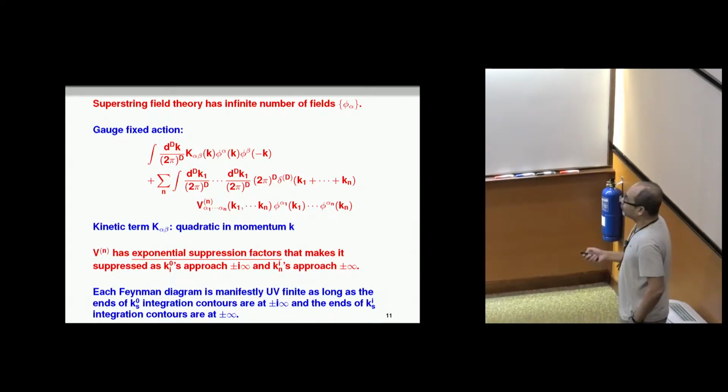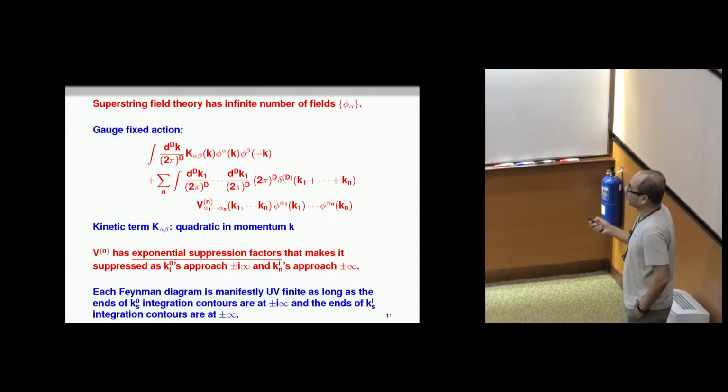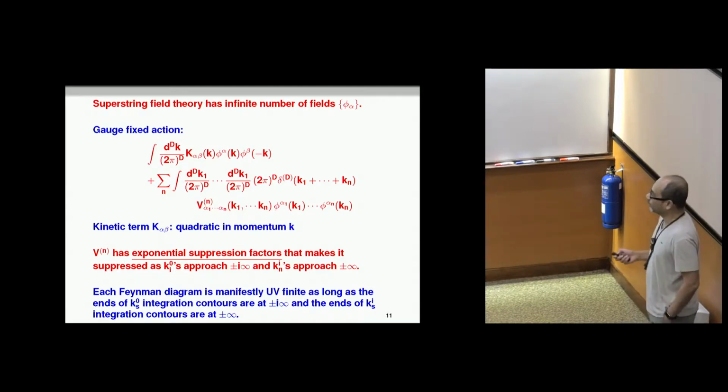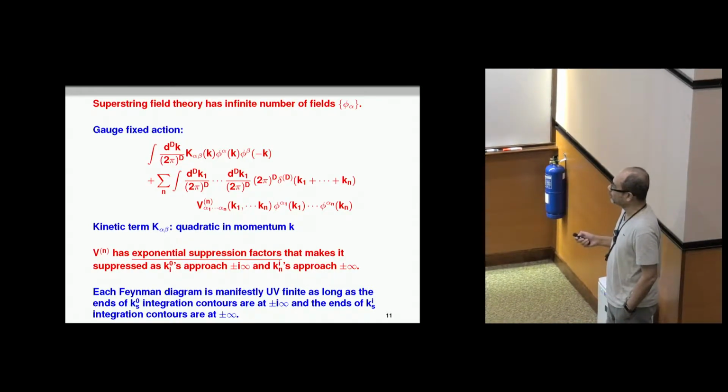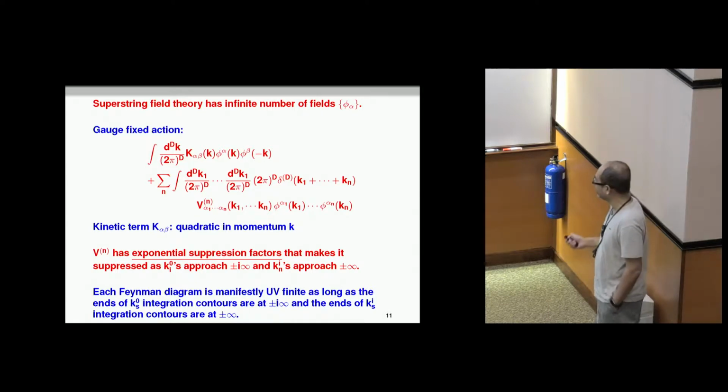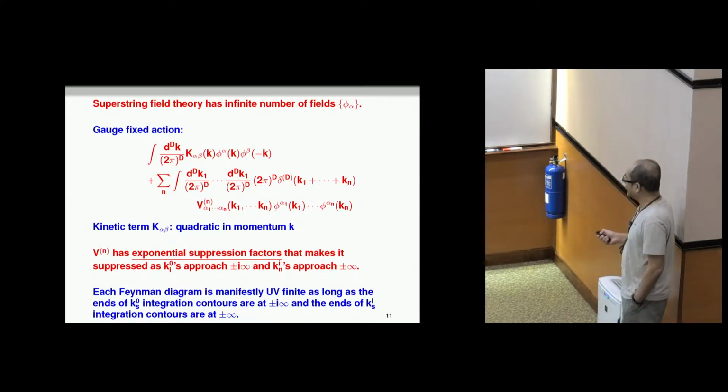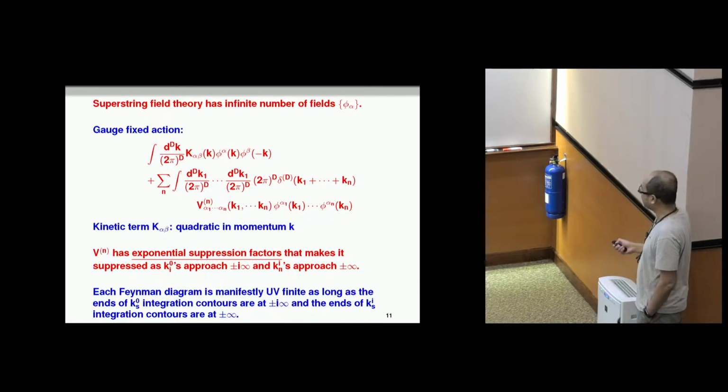Because of this exponential suppression, one can show that each Feynman diagram in the theory is manifestly ultraviolet finite, provided the k zero integration contours end at plus or minus i infinity and the k i integration contours end at plus or minus infinity. You can see from here that you have to choose that because of the minus sign that k zero squared has. As k i, the spatial components, go to plus or minus infinity, this falls off.